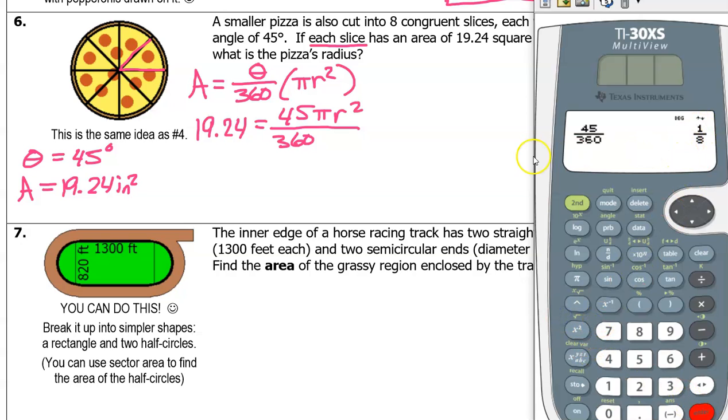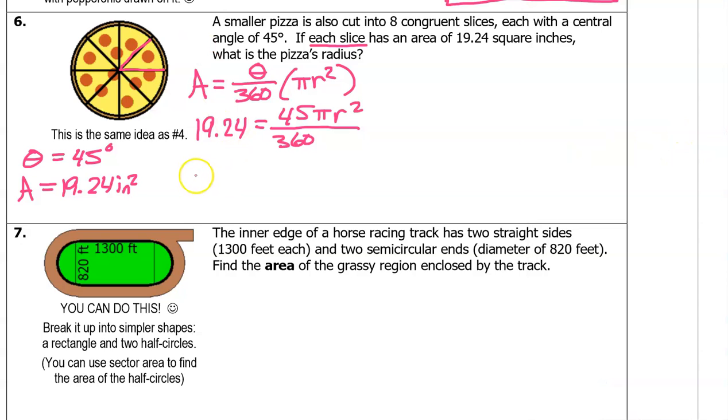So that's 1/8. So this problem will become 19.24 is equal to, okay, now here's my 1/8. I have my pi r squared still in the numerator. I don't really need that 1 though, do I? Go away. So it's really just pi r squared over 8.